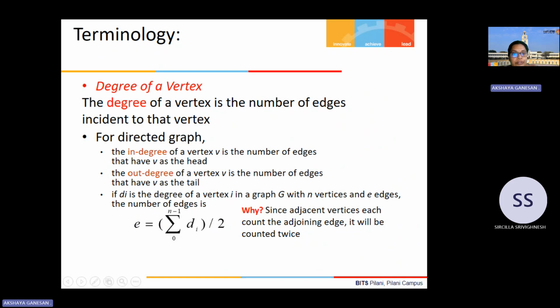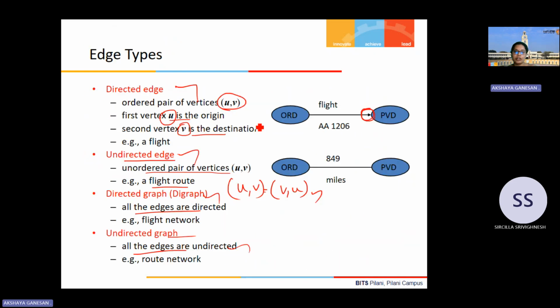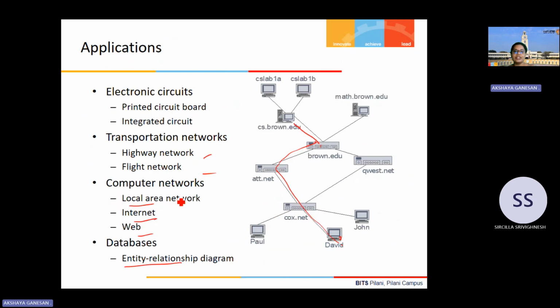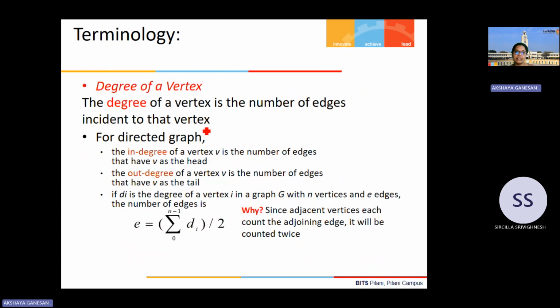So the degree of a vertex is the number of edges incident to that vertex. For a directed graph, you have two things, in degree and out degree. In a normal graph, the number of edges incident on that vertex is calculated.